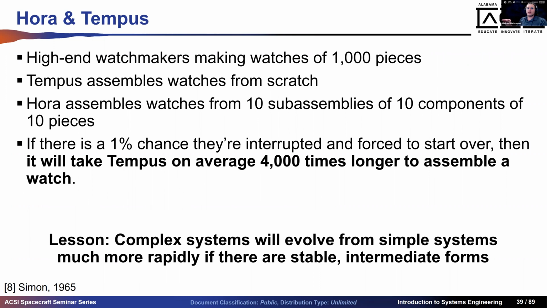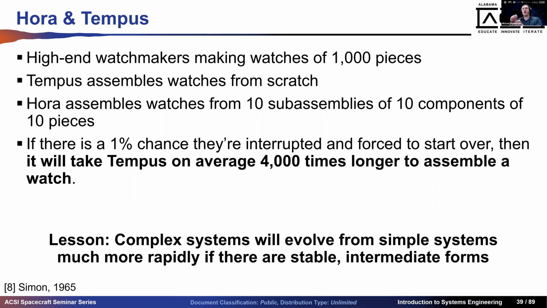This is one of my favorite stories, and it is about two watchmakers. They each are making watches out of 1,000 pieces. Tempus is making those watches from scratch, so he's putting all 1,000 pieces together. Aura assembles a subassembly of 10 components, and each component is made of 10 pieces.